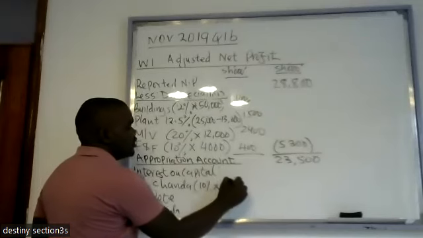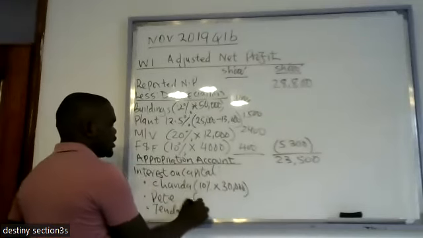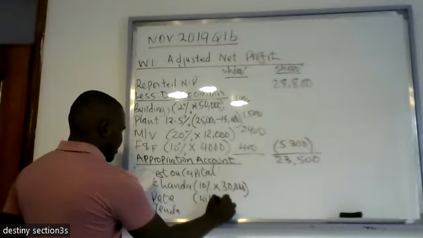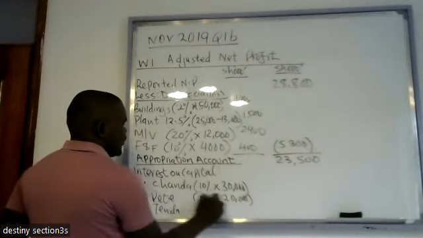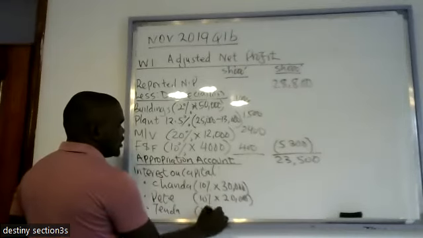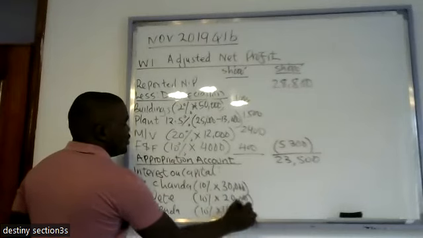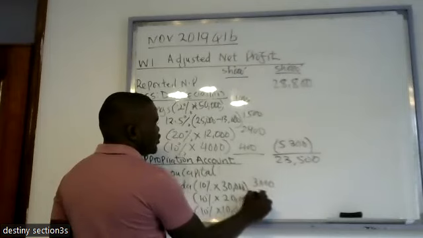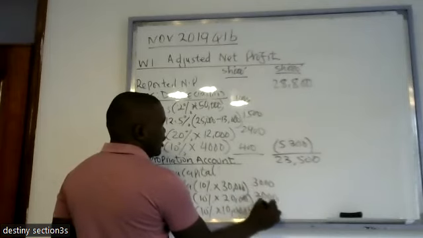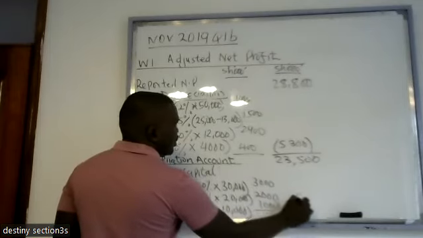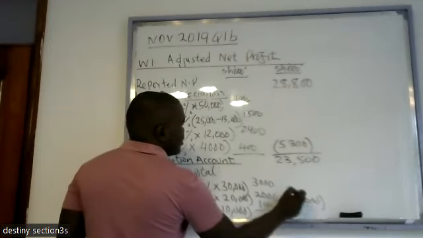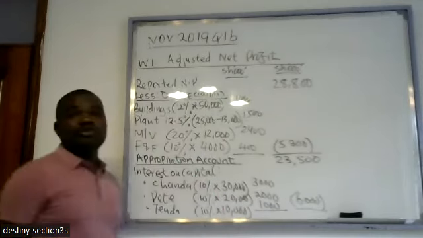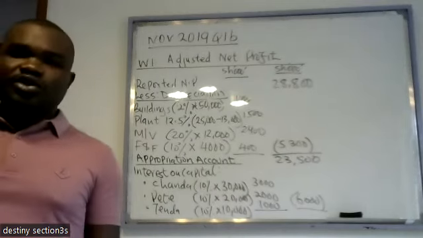So times 30. This one is 10%. I've seen that one is 20. And this one is 10%. I've seen that one is 10. So it means this is 3. This is 2. This is 1. So total 6. So how much will be remaining when you subtract? So that is what we are going to share.